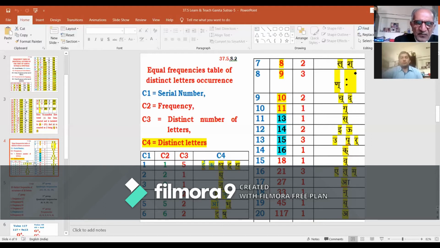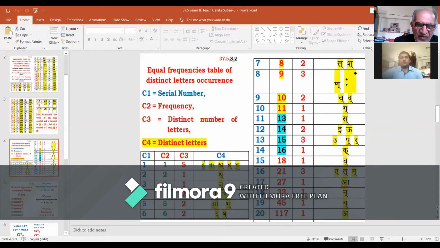That is, 5 letters of C4 against serial number 1 as of occurrence value 1 means letters capital E, elongated E, Re, Kha, Nga and Tha occur only with value 1, which means these 5 letters occur only once in the entire text of Ganita Sutras.